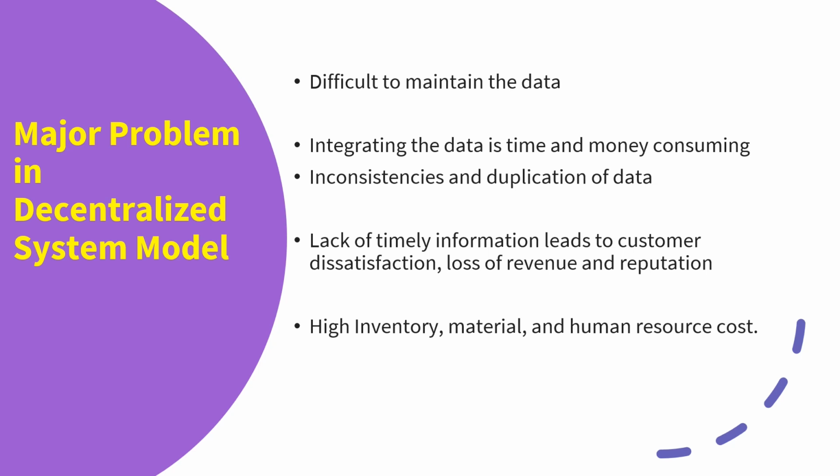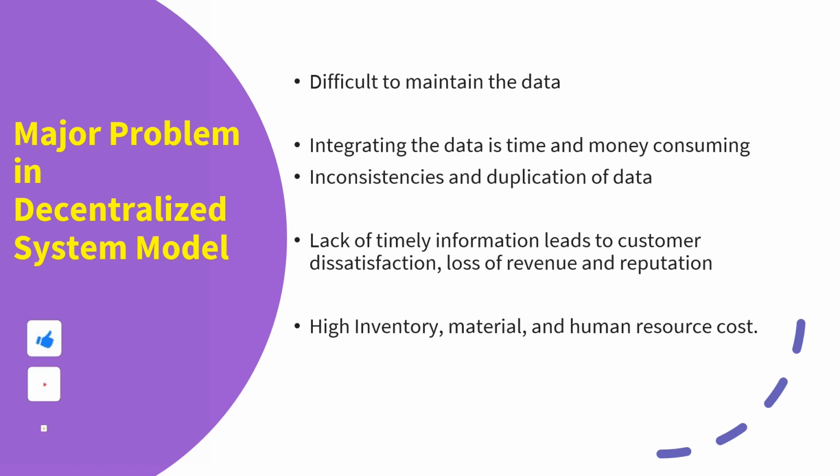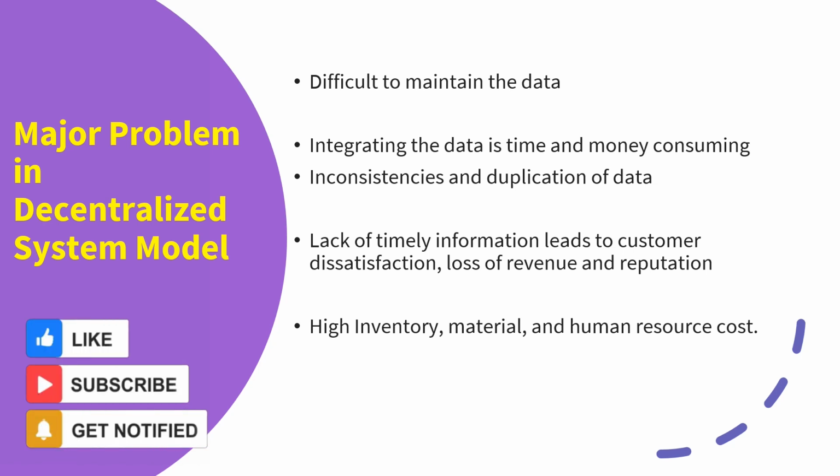Lack of timely information leads to customer dissatisfaction. There is also loss of revenue if the customer is unhappy, because they can switch vendors. We also find high inventory, material, and human resource costs in the decentralized model.